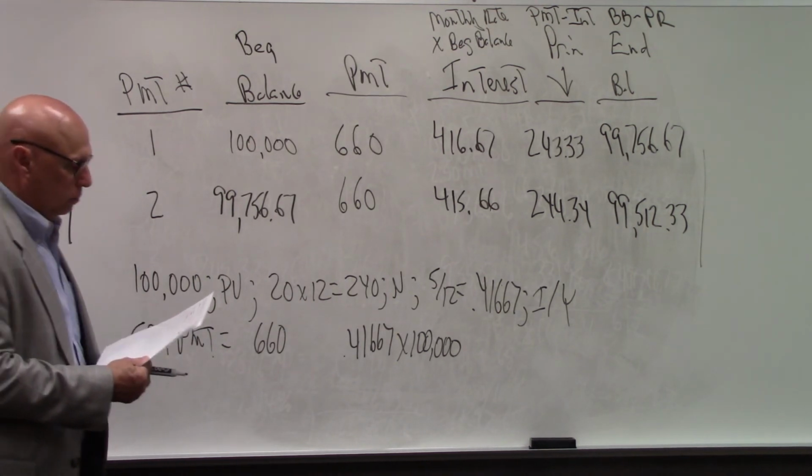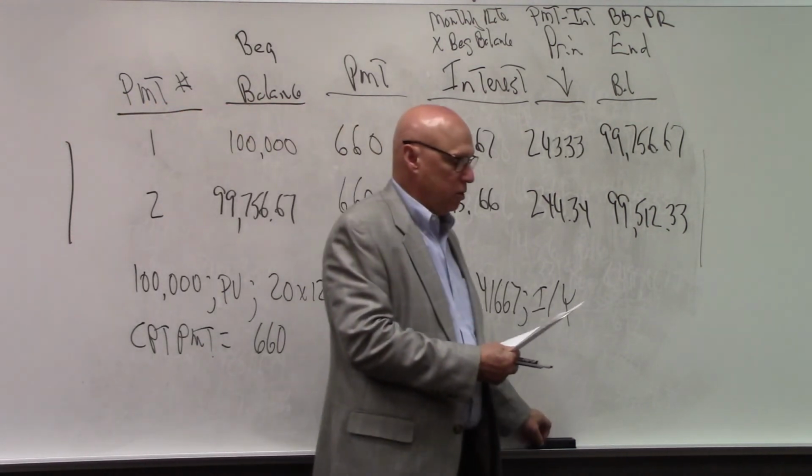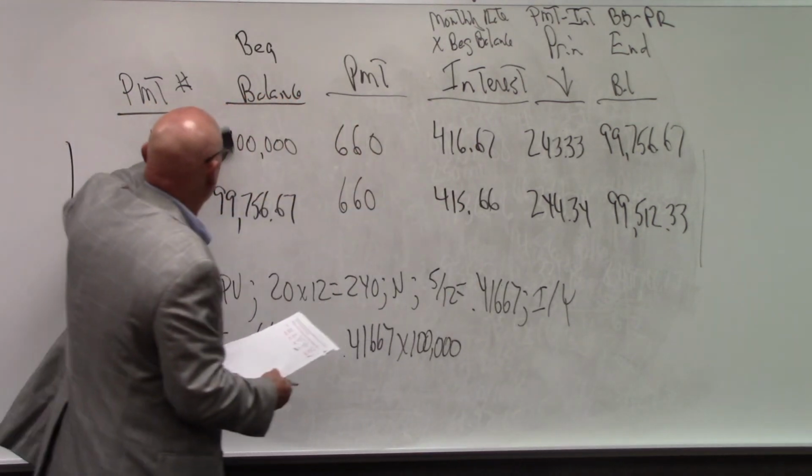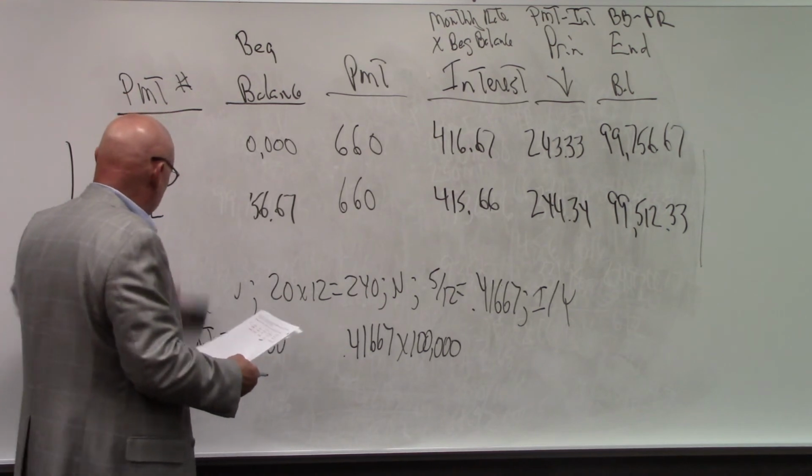Let's do another one. Question 10. Develop an amortization schedule for a $200,000 loan. So let's go ahead and get rid of all this.